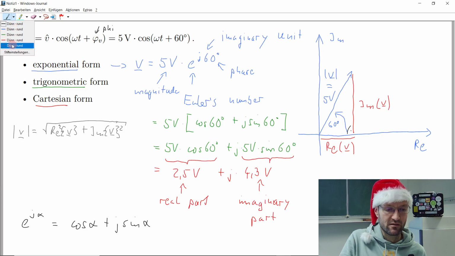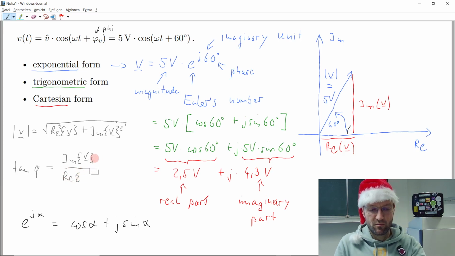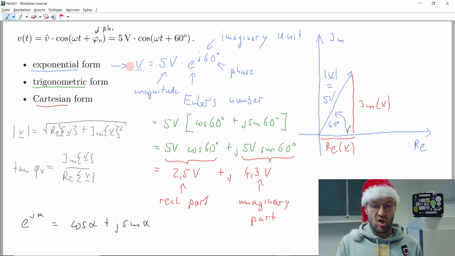And I will write it like this, that I say the tangent of this angle is the ratio between the imaginary part of our complex phasor divided by the real part of this complex phasor. And then the inverse, of course, would be the Arcus tangent function. Okay, this is more or less what you need to remember when dealing with these complex numbers.